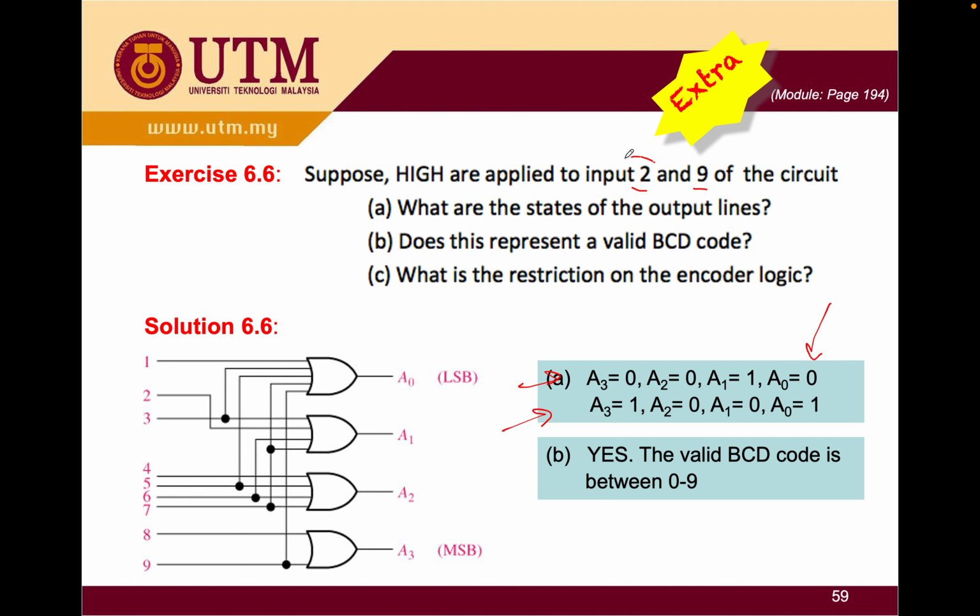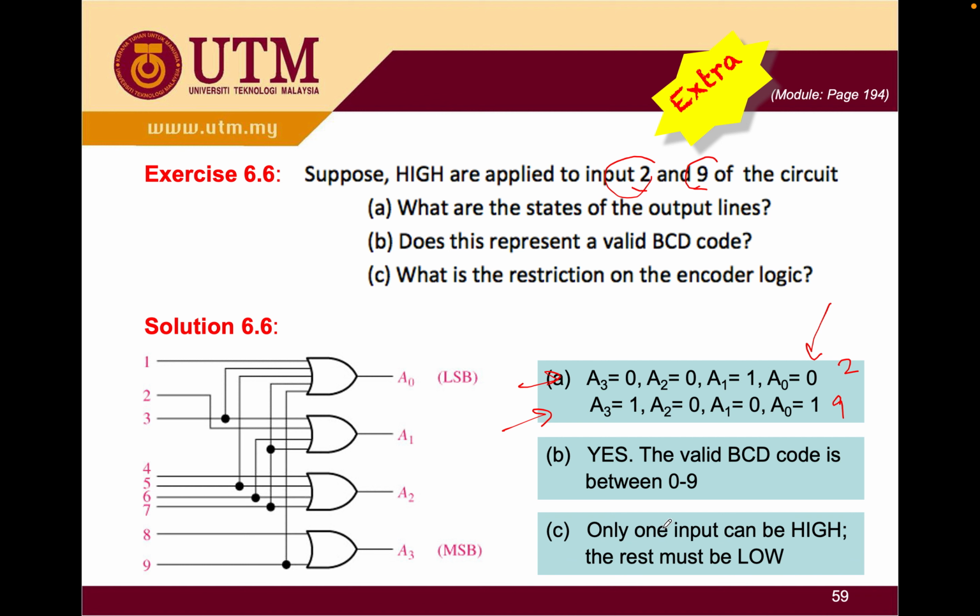When you have input 2 and when you have input 9, that's why it's valid. What I did just now is supposedly invalid because you have two high inputs. Only one input can be high. See this one, the rest must be low.